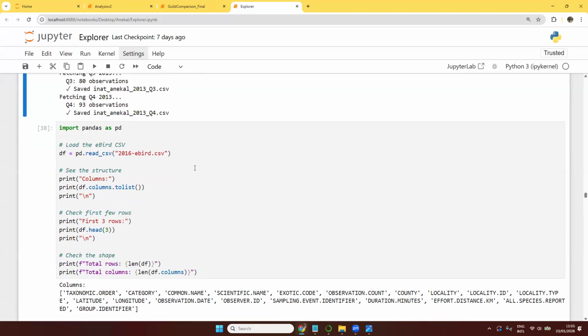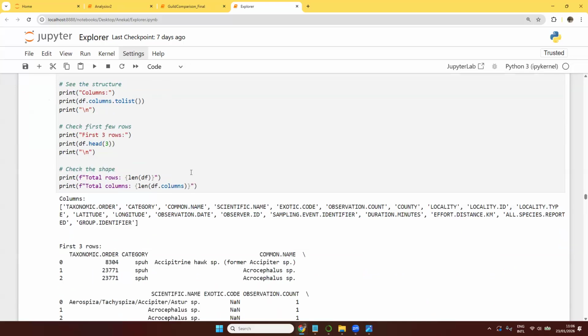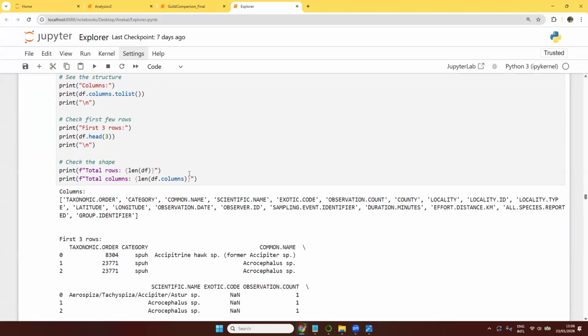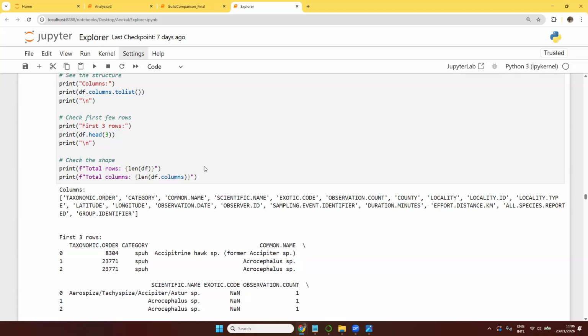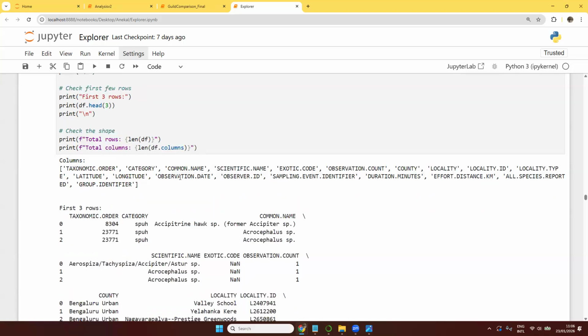So what I did was I found a resource where they'd already downloaded 10 years of data for Bangalore Urban, which is also what we want because Anekal also lies within those boundaries. The checklists have all the columns which are relevant for analysis. It has the observation date, the latitude, longitude, and the common name, scientific name, all those things.